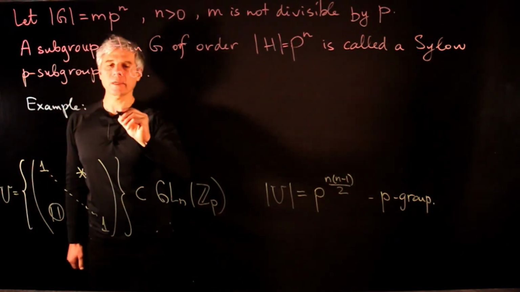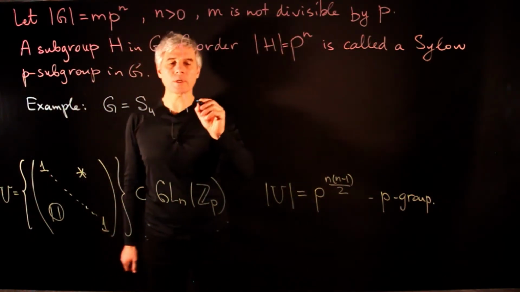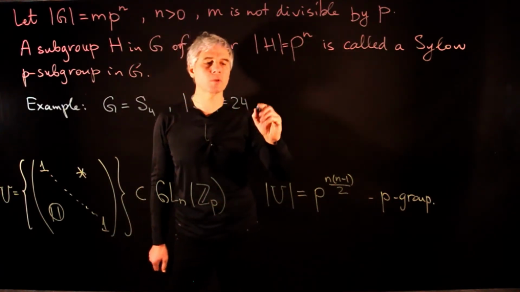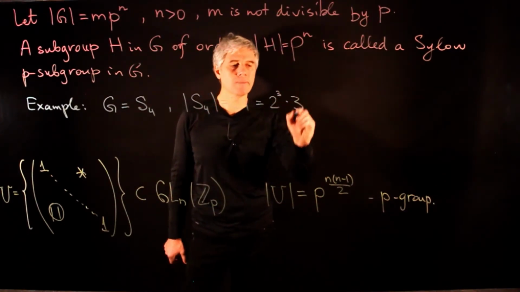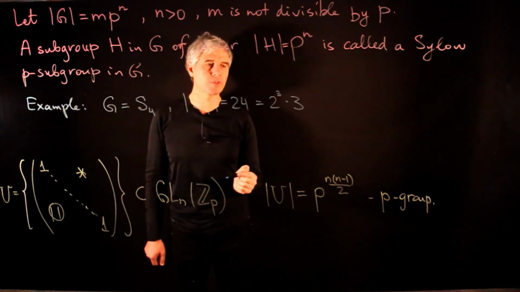So let's take as group G to be S4. The order of S4 is equal to 24, which is 4 factorial. So this is 2 cubed times 3. There are two prime factors in the factorization of the order of this group.